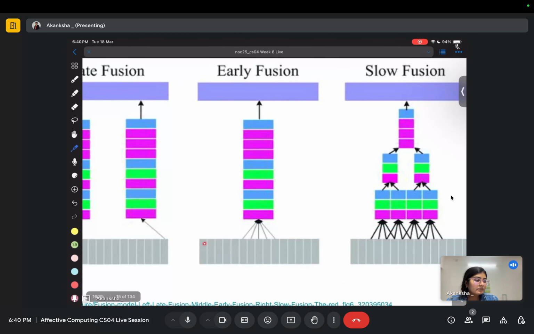We have these modalities, and we are combining these modalities or features. So it becomes a single pipeline, like a single model is being trained, and it gives us the final decision after that.